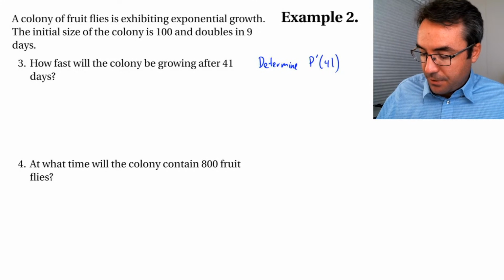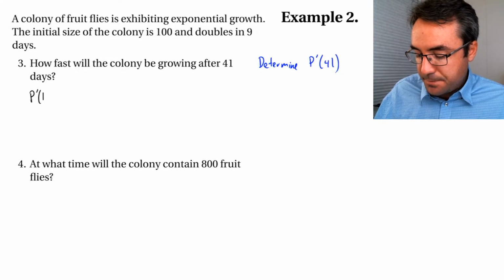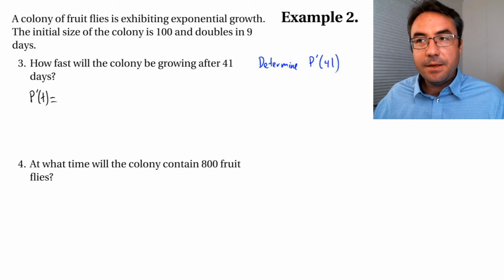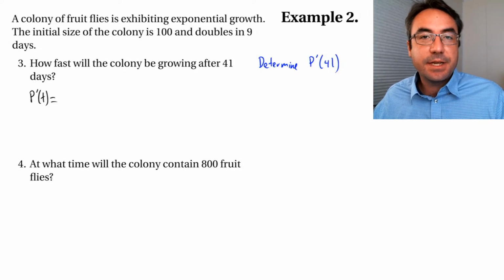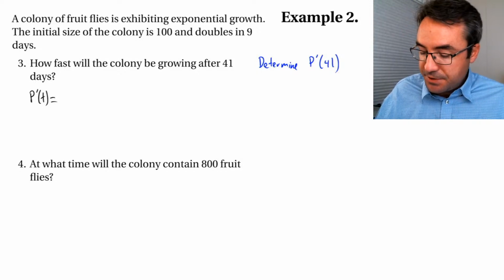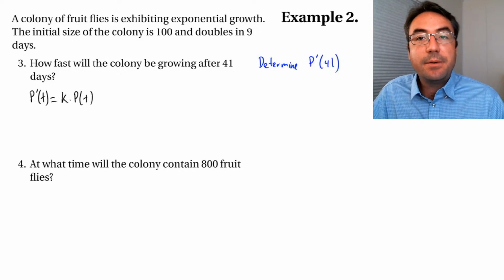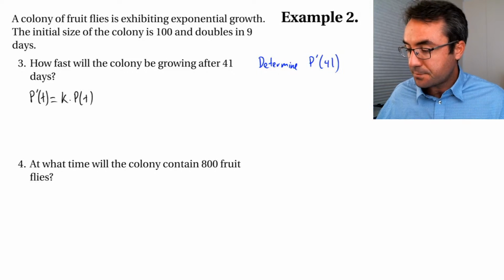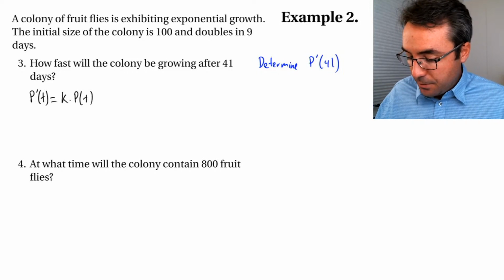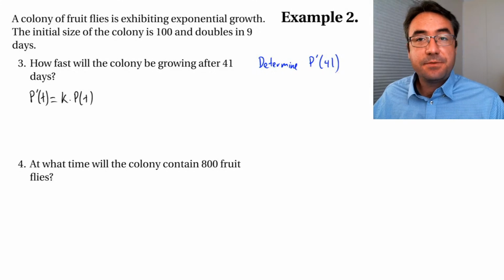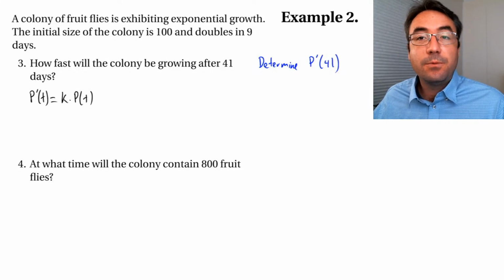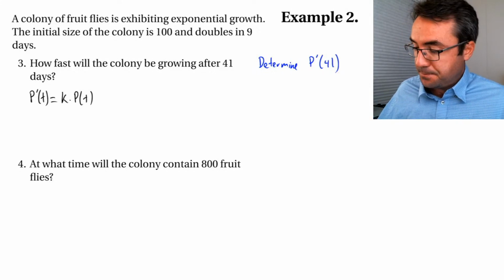So what is our differential equation? Any quantity that's experiencing exponential growth satisfies this differential equation: P prime of t is equal to k times P of t. And so we can use this differential equation to figure out what the derivative value is.